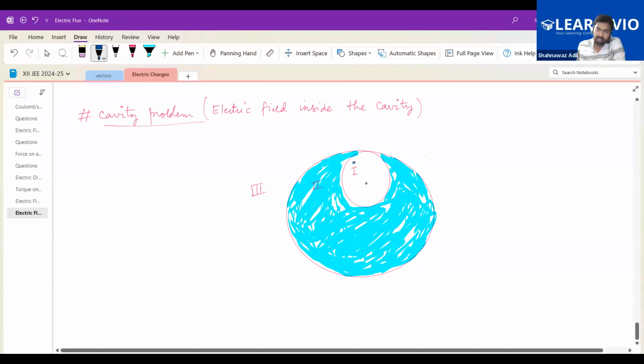This small sphere will have some center, and this bigger sphere will have some center. We are measuring the distance from this part. So this is R vector, this distance is A vector, and we are going from here to here, so let's call it S.